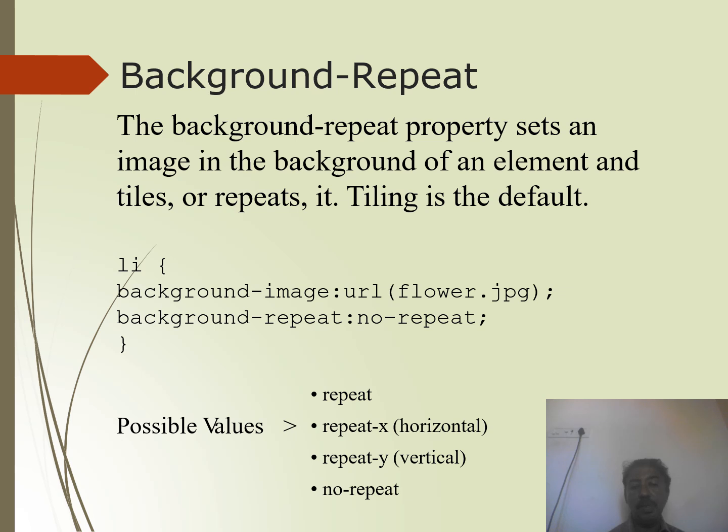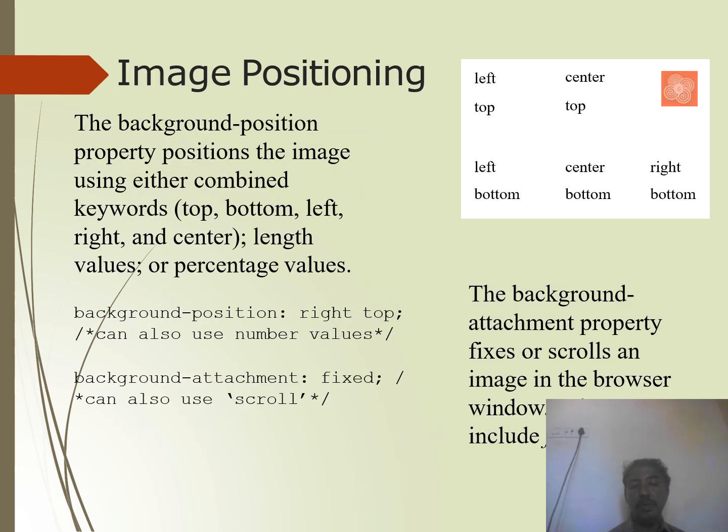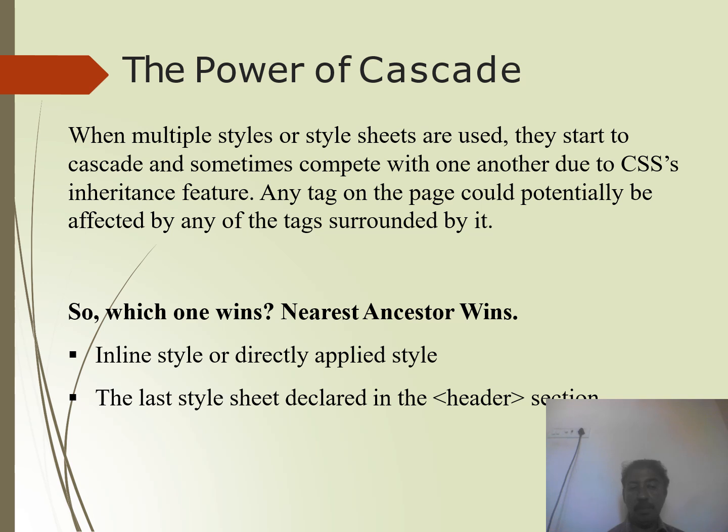Suppose if you want repeat, we use the word repeat or repeat-x or repeat-y or no-repeat. Therefore, using these keywords, we are controlling that. Then image positioning. Which position we wish to insert the image. Therefore, left, center, top, then bottom, then bottom left, bottom right. So in all these positions it is possible to insert the images.